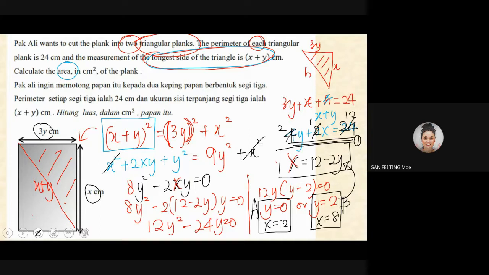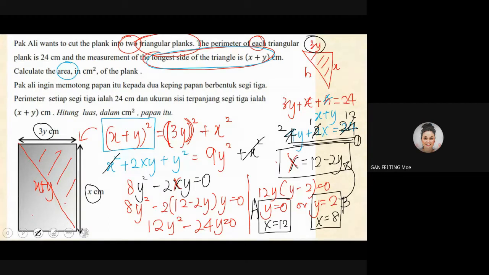Saranya, can you please answer why set B? Y cannot be 0. Yes, very good. Why? When y is 0, you will not get the length of the plank. It will be 0.